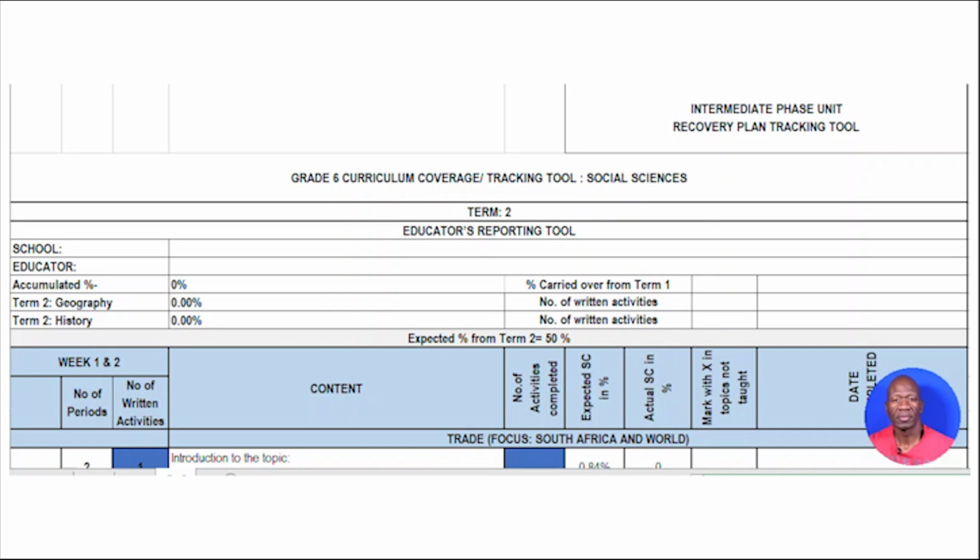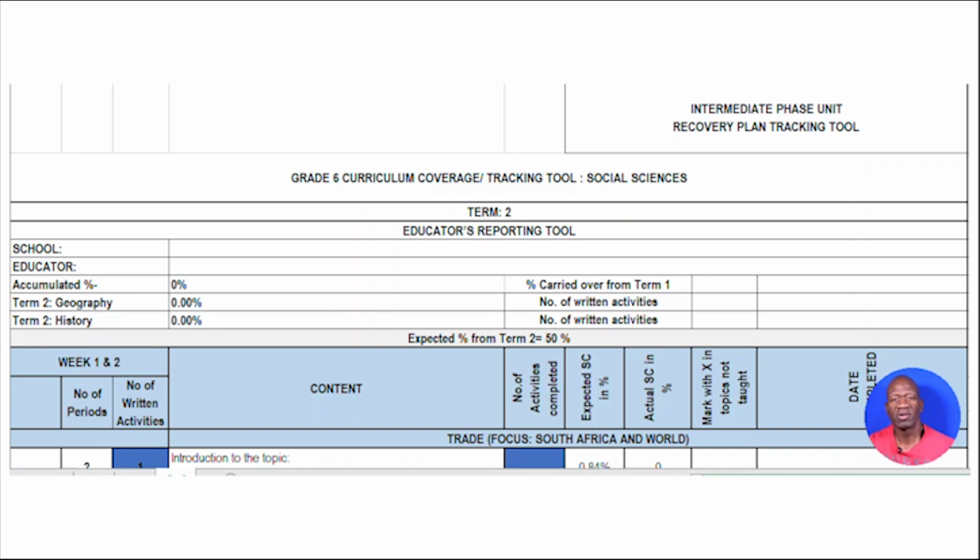This is done to ensure that the process of curriculum verification is effective and accurate. Let us now look at the proposed tool which can be used to calculate the syllabi coverage. The example we're going to use is social sciences, but the principle is the same in all the other subjects.